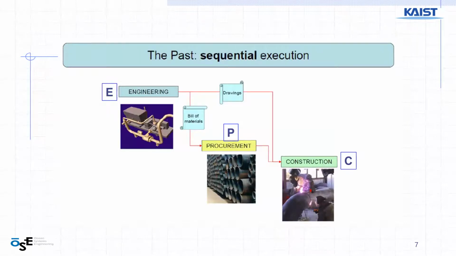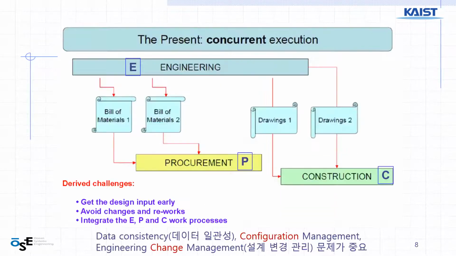Right? That is the sequential way of doing in old days. Now it goes in this way. The engineering cycle and procurement cycle and construction cycle is overlapping, right? In terms of timeline. Not after the previous one is finished.